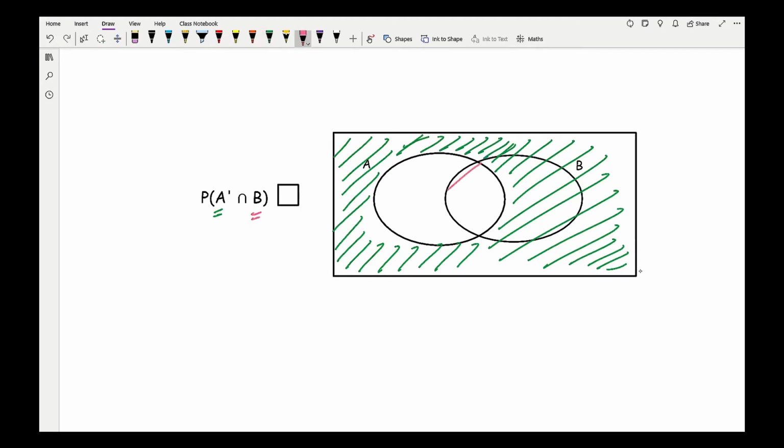So B is this area here. And because obviously it's "and", I want the places that are shaded twice. So which places are shaded twice? Well, that's going to be this area here, and that's going to be there.